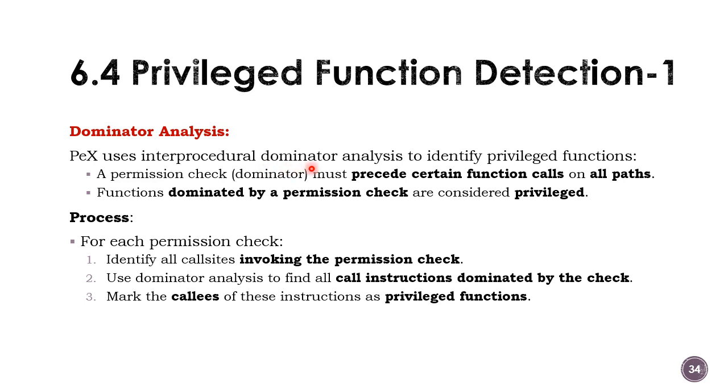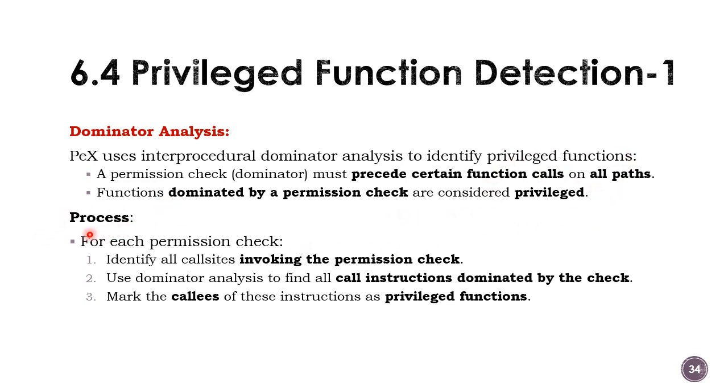The dominator is the role of the permission check, because it is used to dominate, to protect the privileged function. So if a permission check precedes a certain function, it will be the dominator. And a function dominated by a permission check will be called privileged.